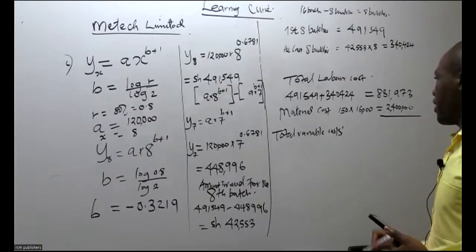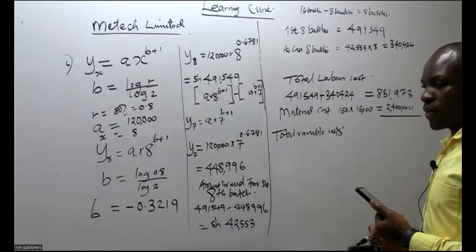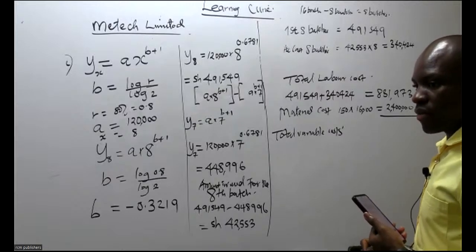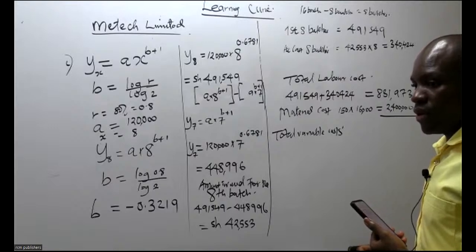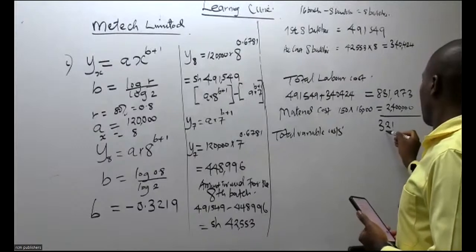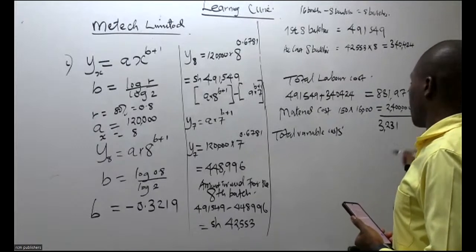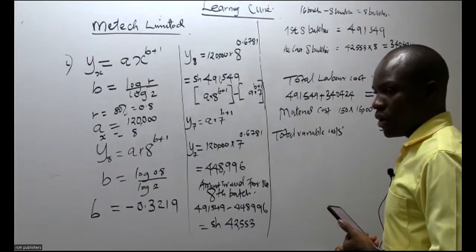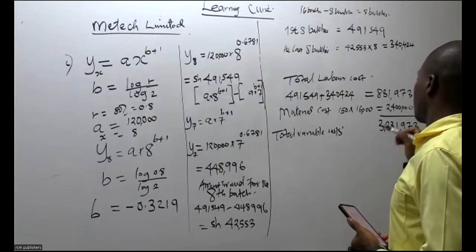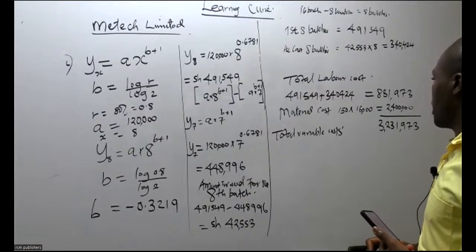If you add everything there, this plus this, what will we have? 3,231,973.